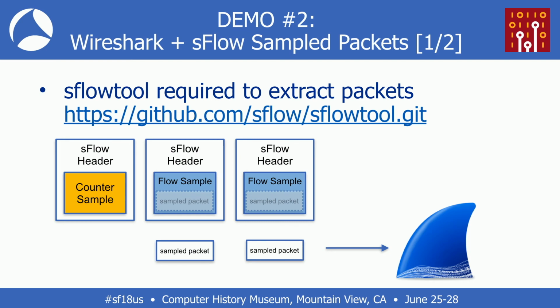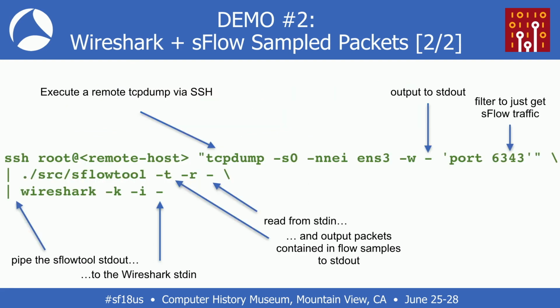In this second demo, I would like to show you how to feed Wireshark with the sampled packets. We have seen that sFlow is sending us counter samples and flow samples, and the flow samples contain sampled packets. Now I would like to show you how to feed Wireshark with just those sampled packets. It's pretty easy.